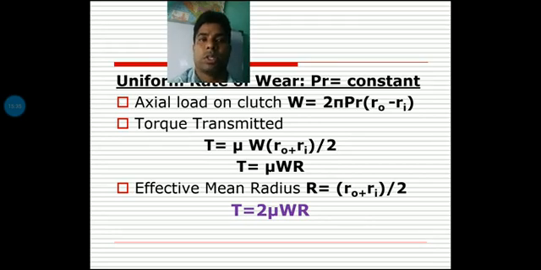That means the effective mean radius. For that case, the effective mean radius, capital R, is (RO plus RI) by 2, and (RO plus RI) by 2 is replaced by capital R. So the total equation will be T is equal to mu W R. That is the case of uniform wear theory.